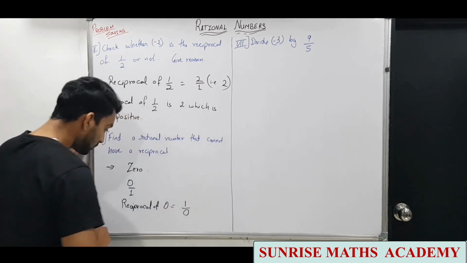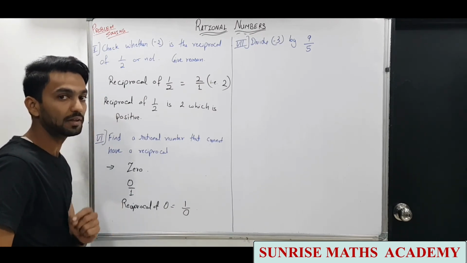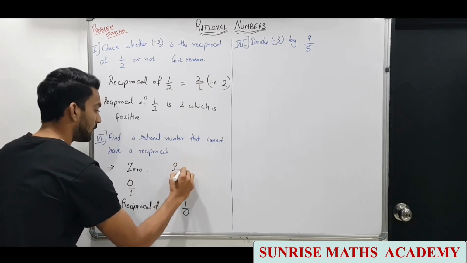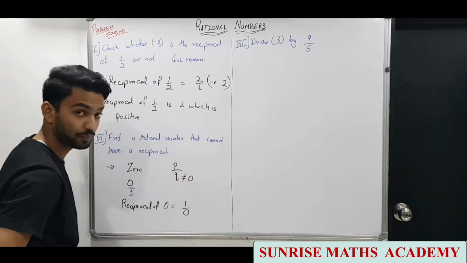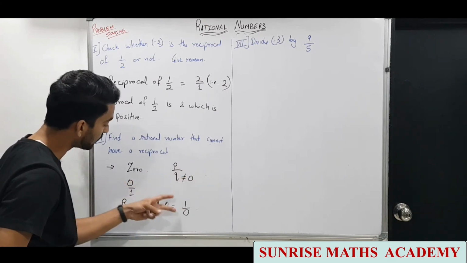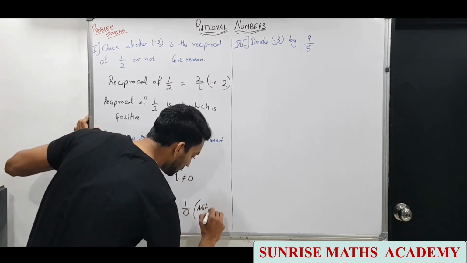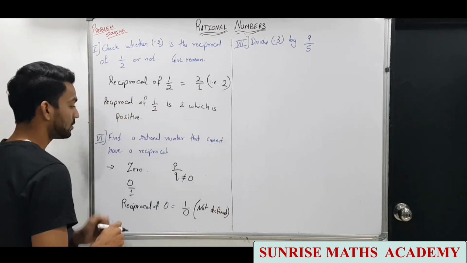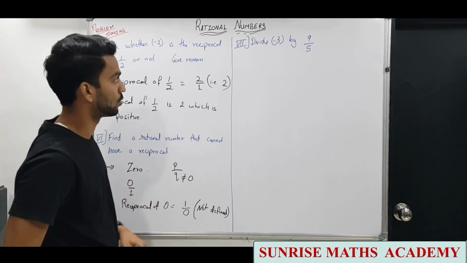And हमने ये देखा था कि रैशनल नंबर में डिनोमिनेटर can not be 0. P upon Q का जो फॉर्म होता है where Q is not equal to 0. So reciprocal of 0 is 1 upon 0, which is not a rational number. This is not defined. Therefore 0 is not having a reciprocal.